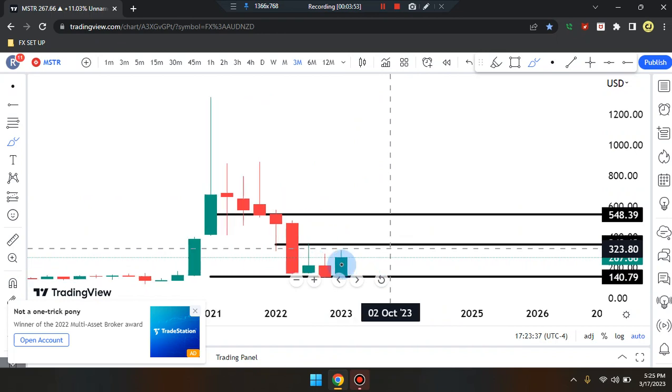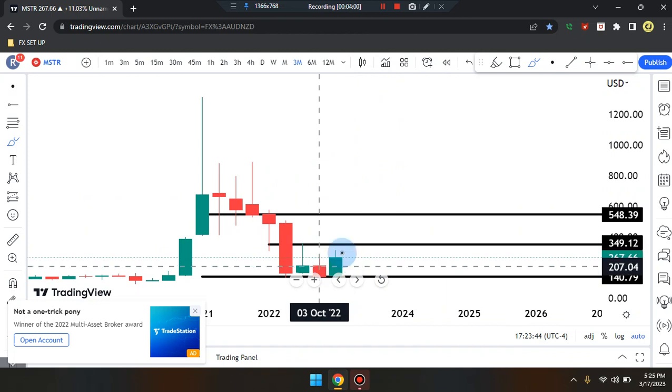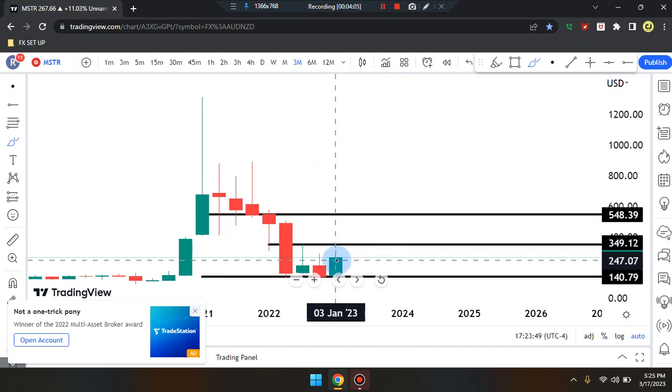Price may be pushing up further, and the reason why is because on the 3-month time frame, price action body is above the previous body. Price action wick is above the previous wick, showing that the market is creating that push.